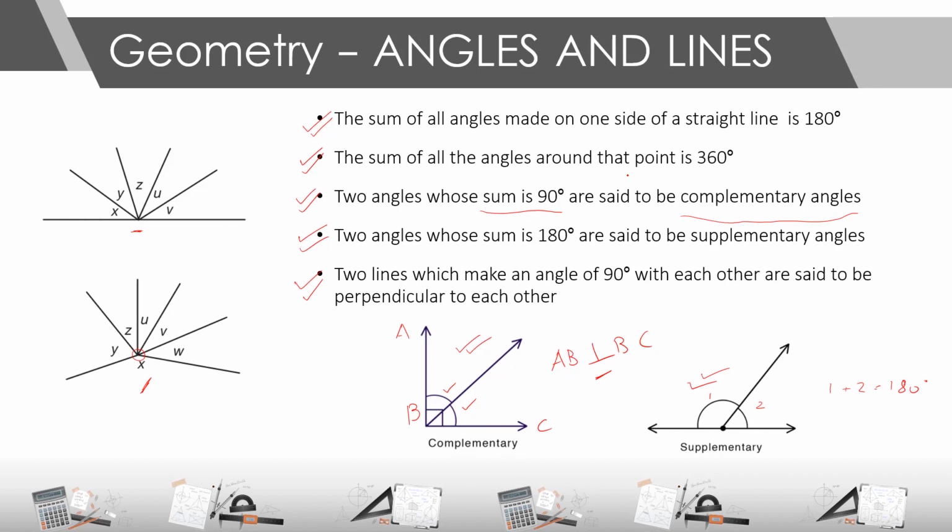We are covering all these terminologies because these are mentioned in the questions. It may be mentioned that a line is perpendicular to another line, or angle A and angle B are complementary angles. We must know the meaning of these terms so that we can solve those questions.